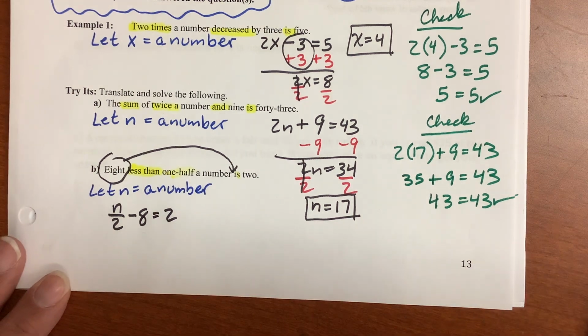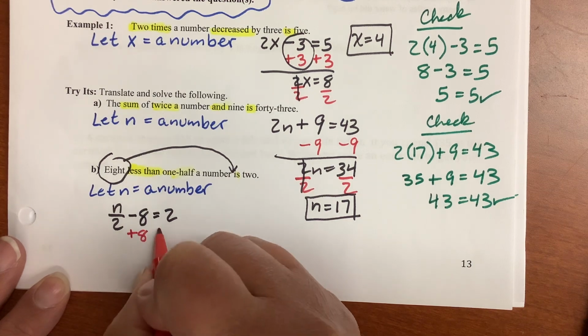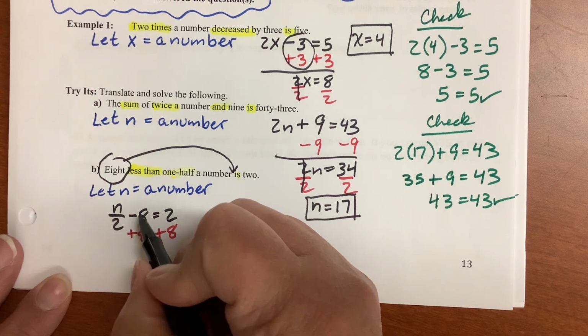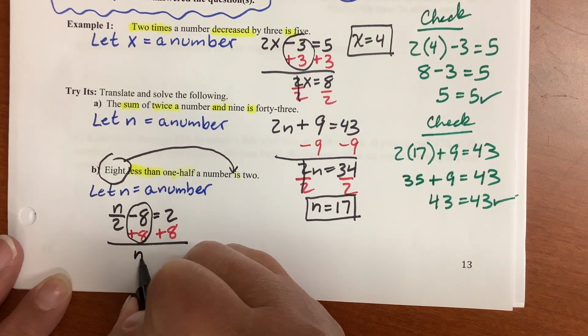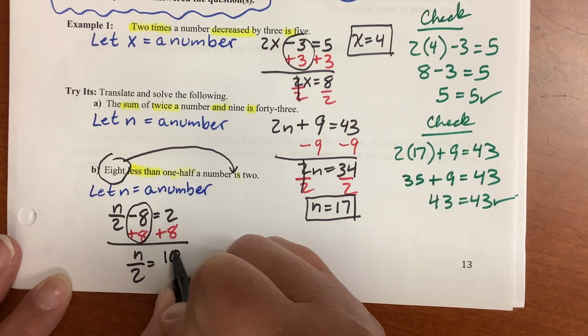So now, add 8 to both sides. Let's see, negative 8 and positive 8 is 0. n divided by 2 equals 2 plus 8 is 10.